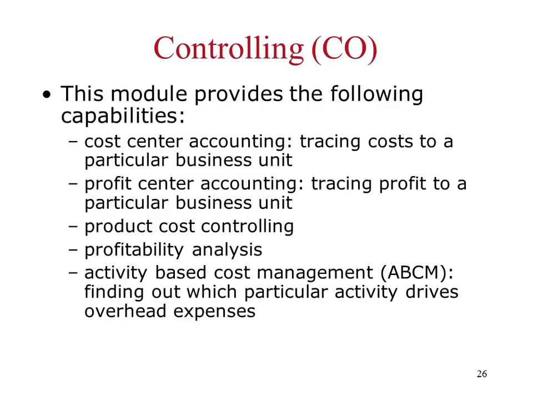You would like to do cost analysis, profit or profitability analysis. Today we discussed ABC, activity-based costing. The idea is to see what the cost drivers are in your business. So this module answers those questions.